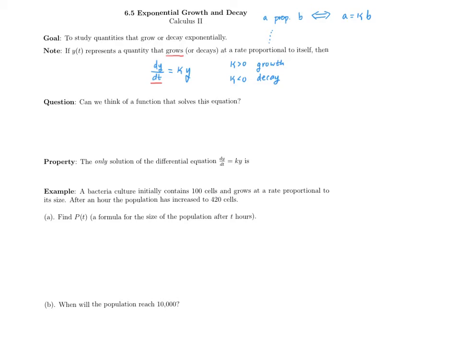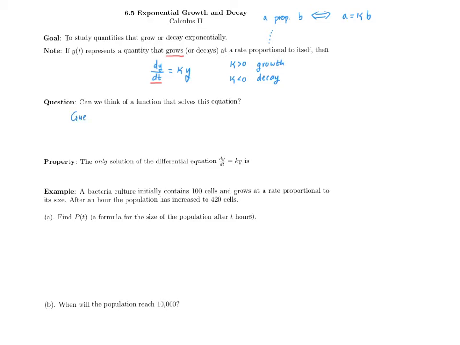And the question I have for you is, can you think of any function y that would satisfy this above equation? That is, a function such that when you differentiate it, you simply get back a constant multiple of itself. Hint, it's a function we've recently investigated.